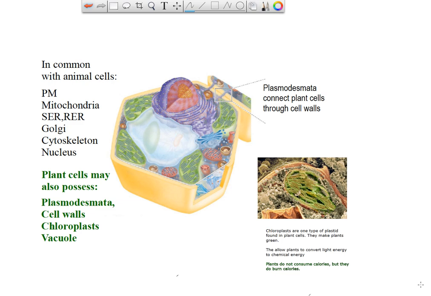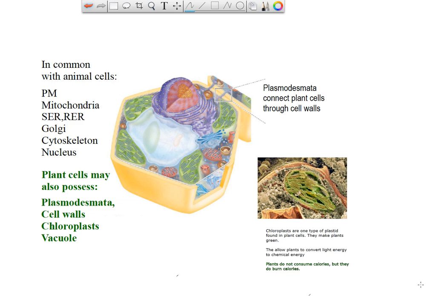So, in common with animal cells, plants have a plasma membrane, mitochondria, smooth and rough endoplasmic reticulum, Golgi, cytoskeleton, nucleus, etc. But plant cells may also possess plasmodesmata, connections between these cells, unique to plants. Cell walls, the structures that create plant cell shape and structural strength.